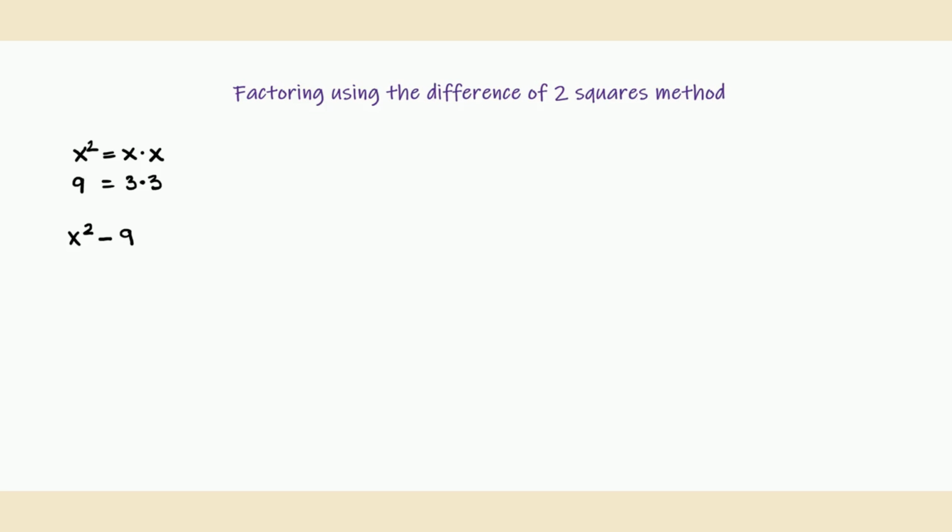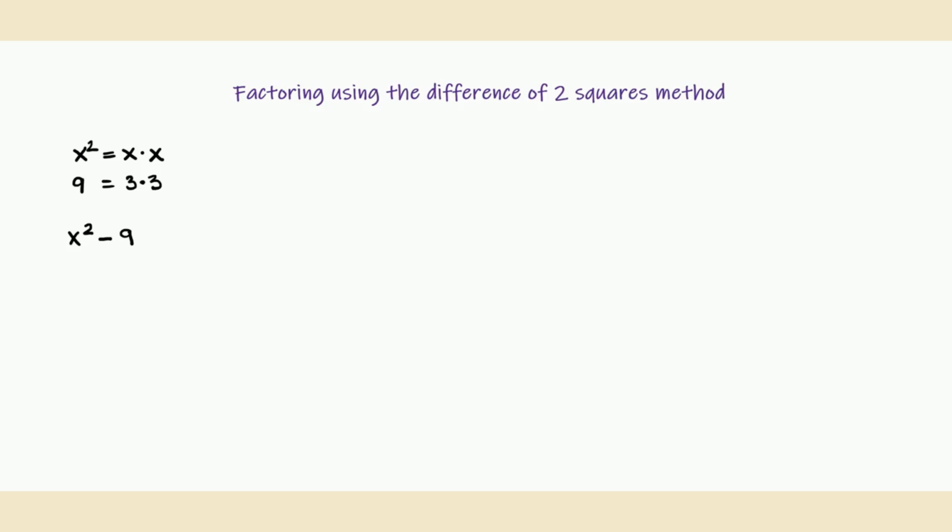Now remember that factoring is breaking down a number or expression into smaller parts so that after you multiply it, you get what you started with. The great thing about the difference of two squares is that it's quite simple. Once you figure out that they are squares, you simply take the square root. So the square root of x squared is x, and the square root of 9 is 3.